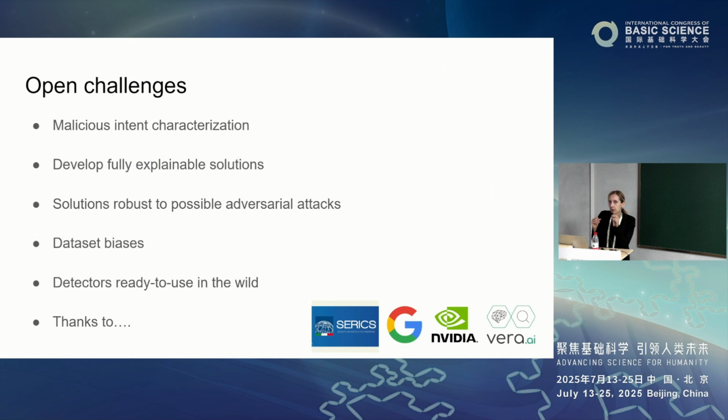The main problem is that you are trying to extract a very weak trace from the image, and this weak trace can be reduced even if you are not a malicious attacker, even if you just reduce the quality in terms of compression or in terms of dimension of the image. You can reduce such traces.